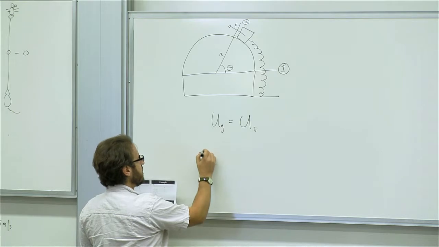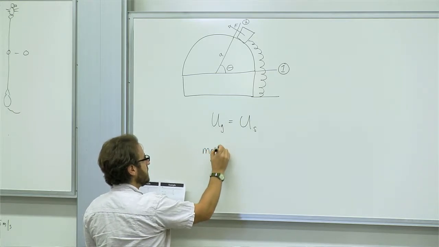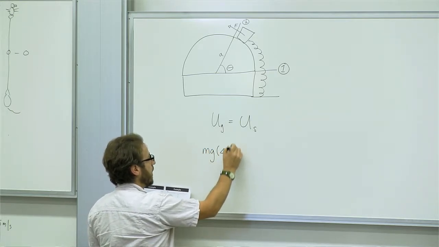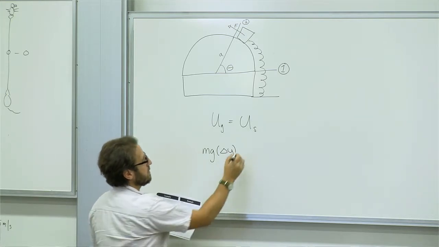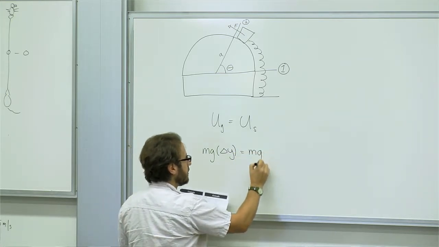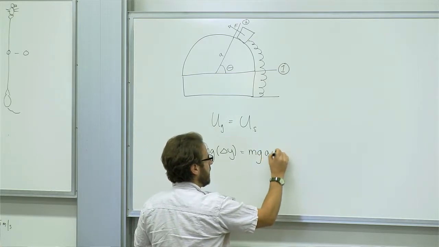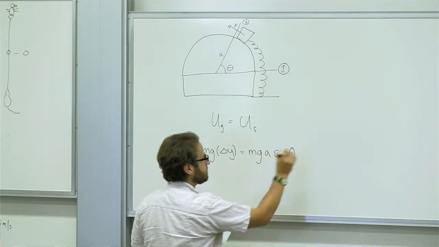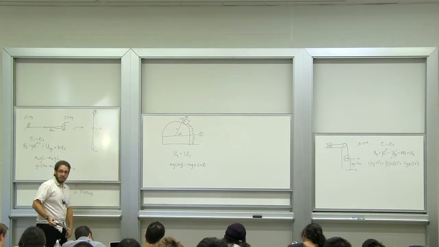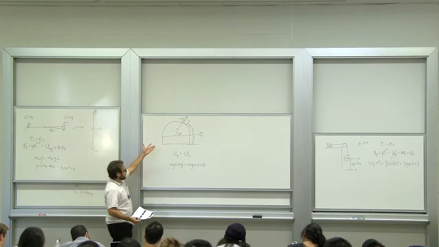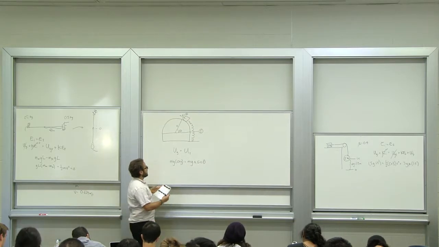And so the gravitational energy is mg times delta y, right? Well, what is delta y in this case? We just need to convert it to a sine theta. So we just need to express the energy terms in these quantities that they've asked us for.